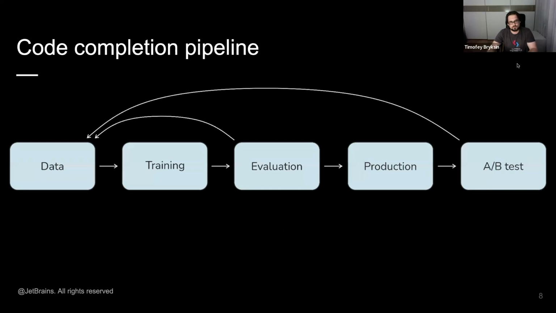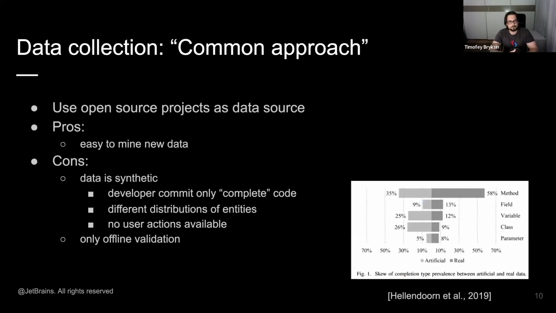Okay, so the simplified pipeline of the code completion feature could be presented somewhat like this. To enable machine learning, we started by building the training data set, obviously. What should this data set look like? I guess the easiest and most obvious way is the following.